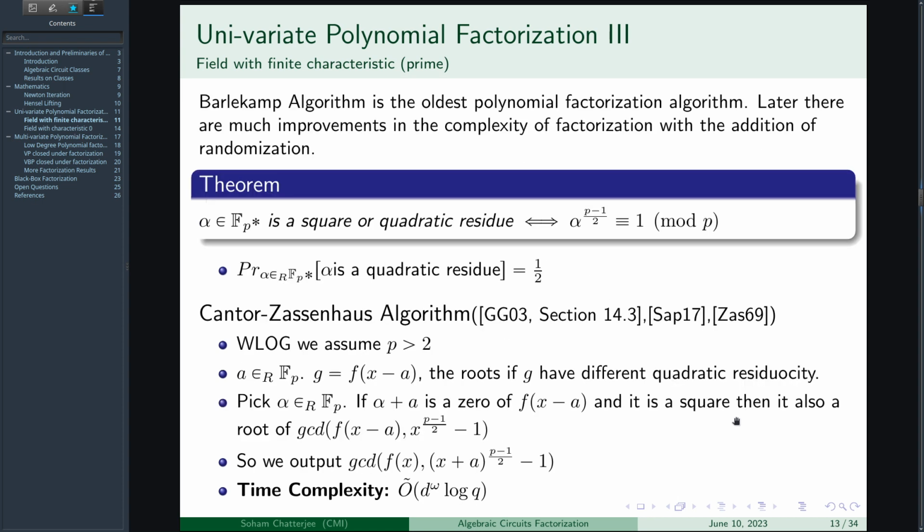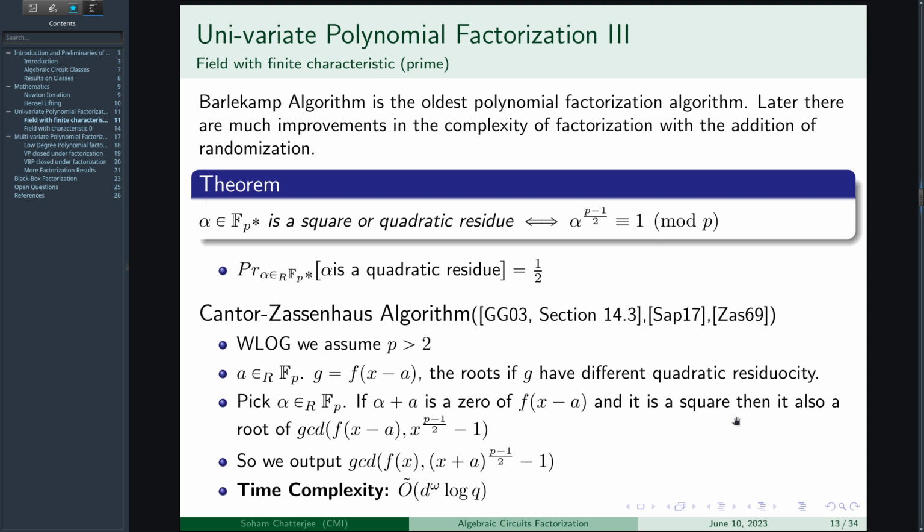Now we have made many improvements in univariate factorization, but with the addition of randomization. Randomization is a very powerful thing; it helps us solve many hard problems, and just a little randomization gives a very high probability that we have the correct result.